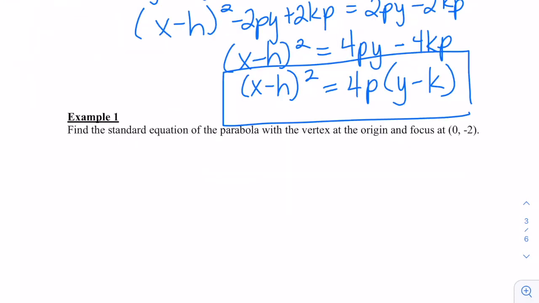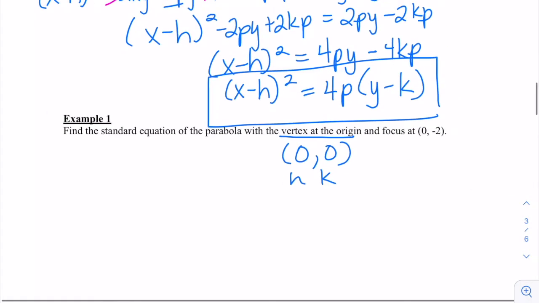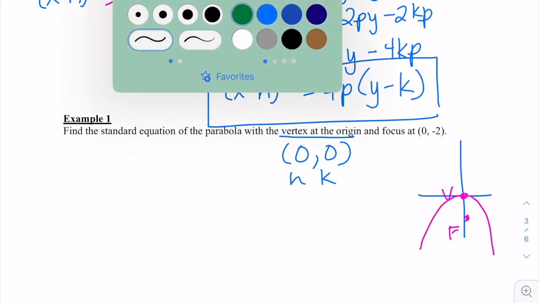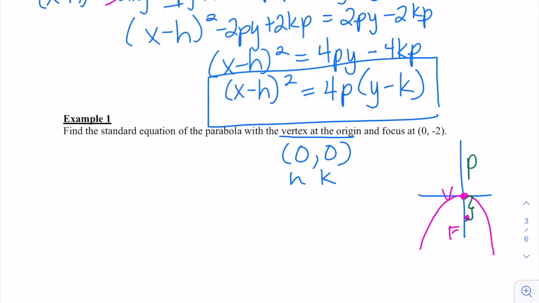Now let's find some equations together. We want to find the standard equation of a parabola with the vertex at the origin, so that's going to be our (h, k), and then the focus is (0, negative 2). And remember, if we think about where that's going to be, this will be opening down, so we know this value for p will be negative 2. It's going down.